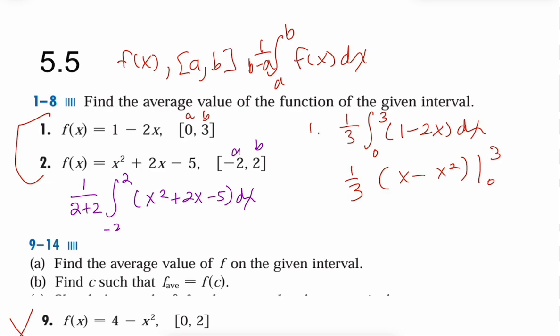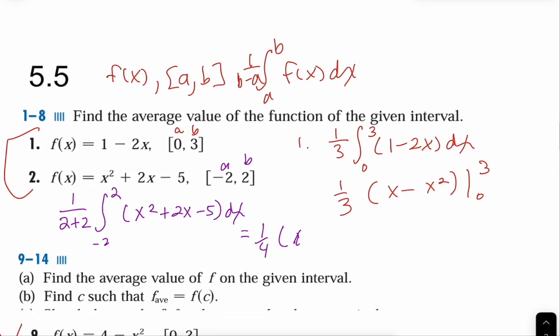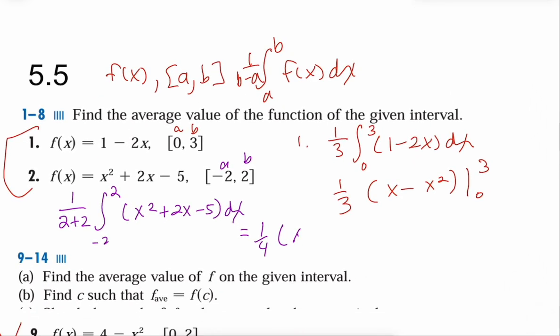So that one would be 1/4 of x cubed over 3 plus x squared minus 5x from negative 2 to 2. Unfortunately, it's not an even or odd function, so you do have to plug the boundaries in for that one.